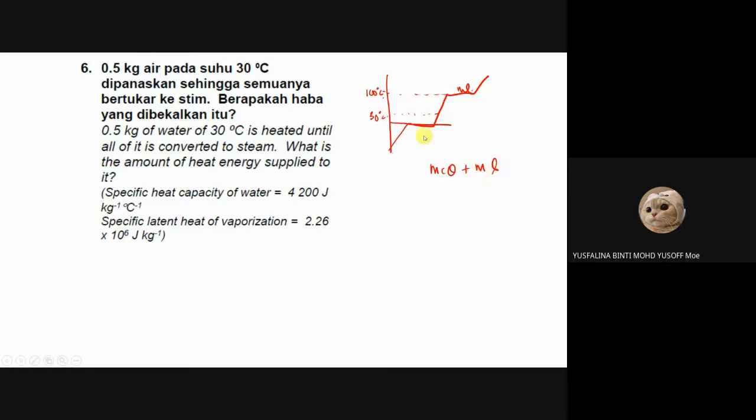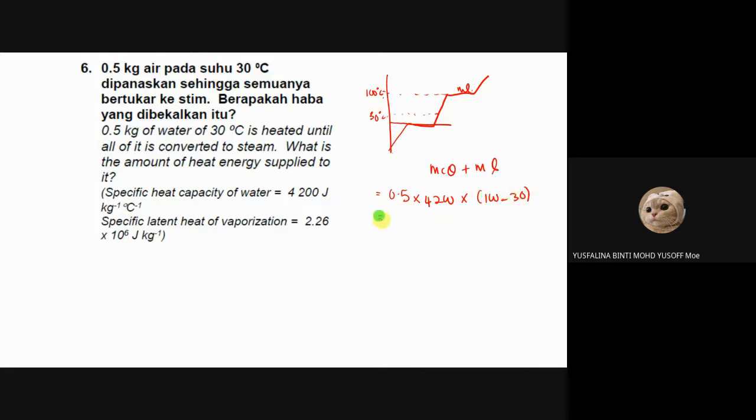So mc theta is used to increase the temperature, and ml is for the liquid to change to gas. So I have to add both. Try to calculate mc theta for this one. The mc theta is 0.5, c is 4200, and theta is 100 minus 30.